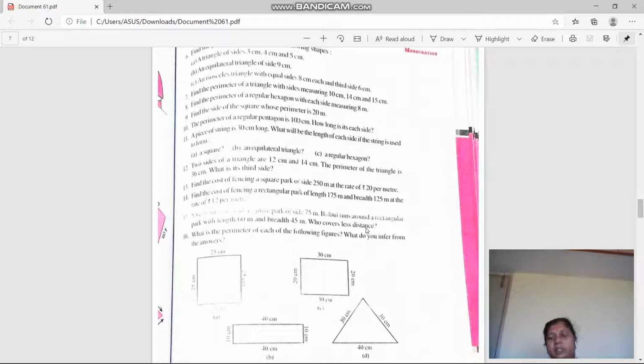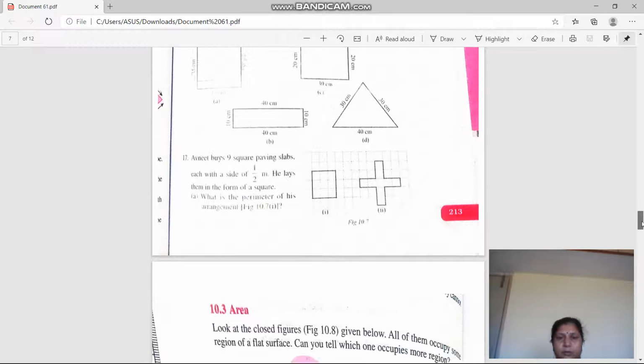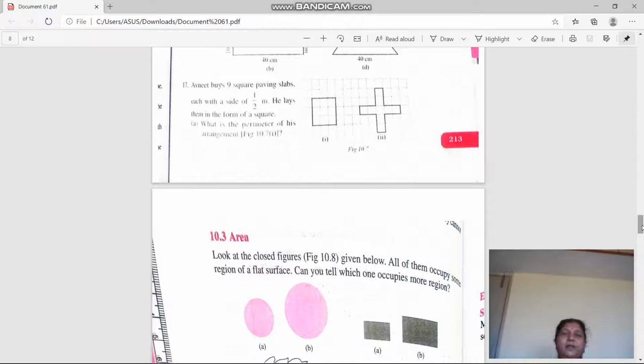Who covers less distance? First calculate the perimeter of the square park, then the perimeter of the rectangular park, and compare them. So we completed the topic of perimeter.